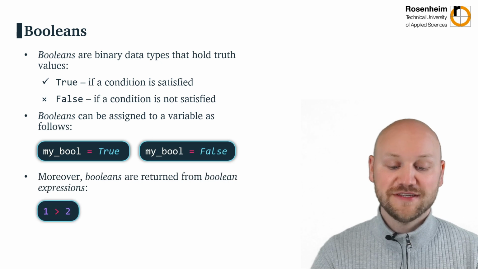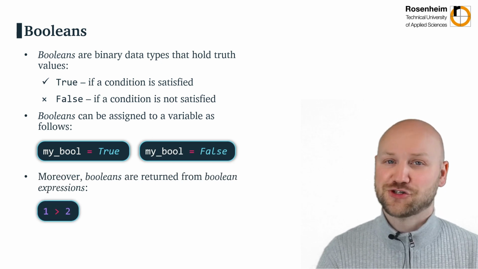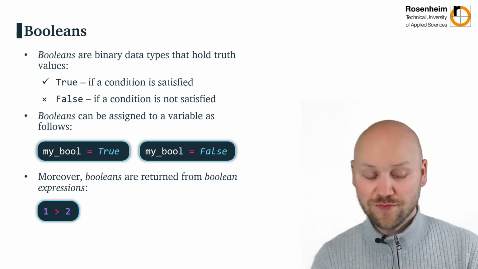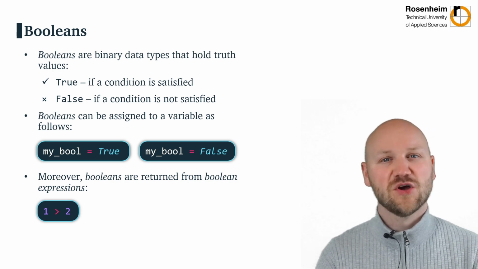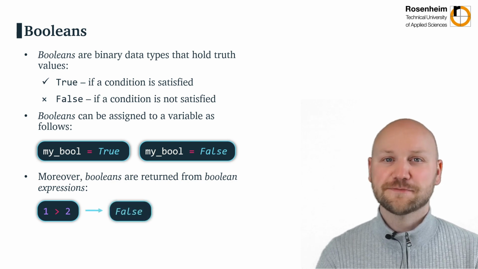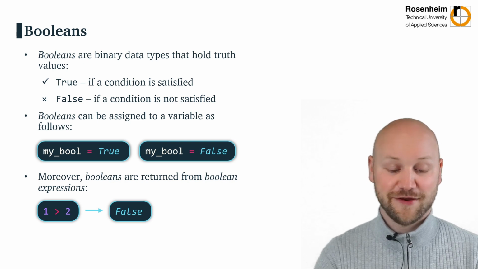Also these Boolean expressions are going to return such a bool. If I write 1 is greater than 2, this leads to a false because 1 is not greater than 2. This is a so-called Boolean expression, and the greater sign is a Boolean operator.